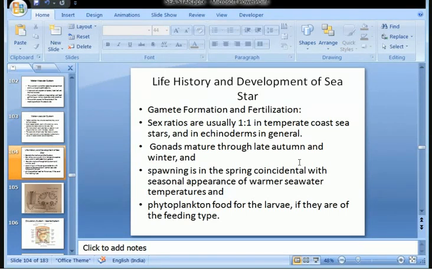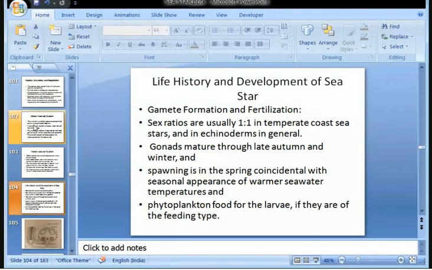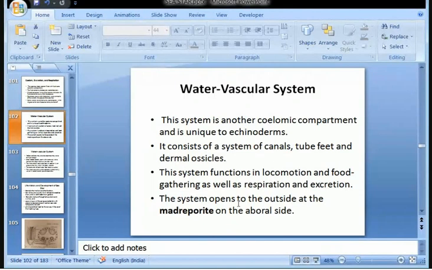Leading to the explanation about different larval forms and their significance. In my previous class, I explained in detail about the water vascular system, the various components of the water vascular system.